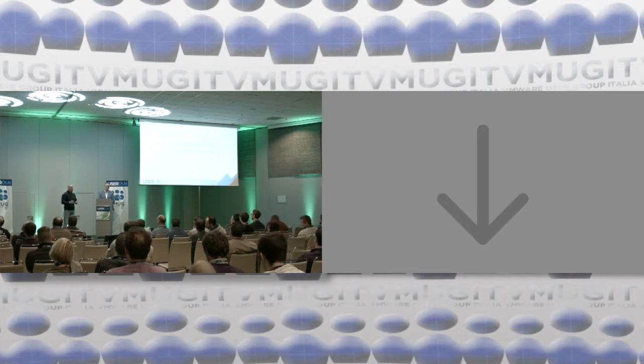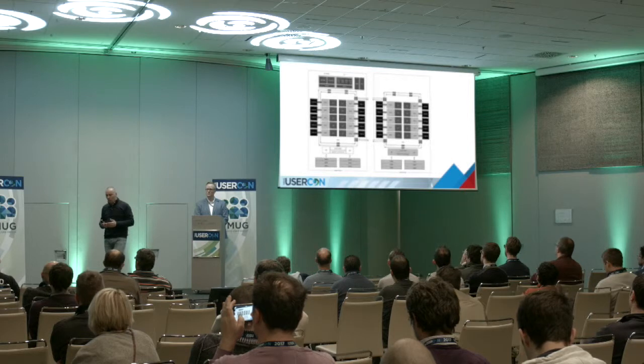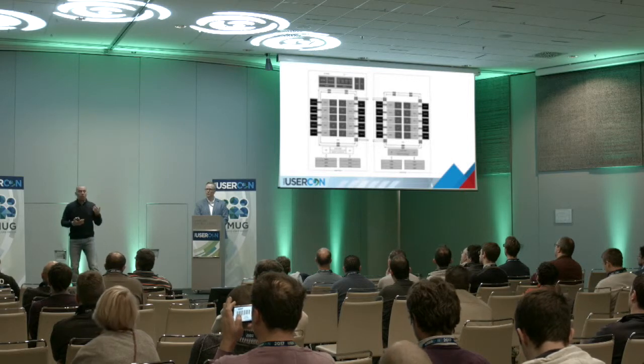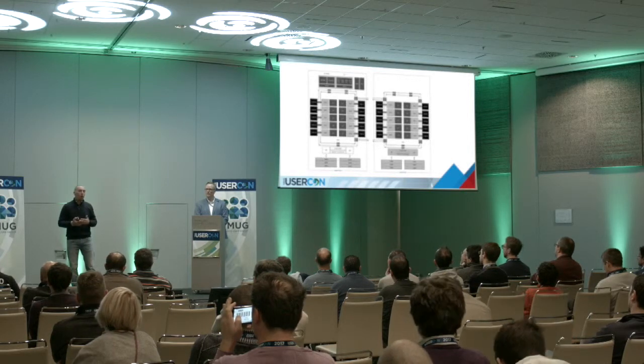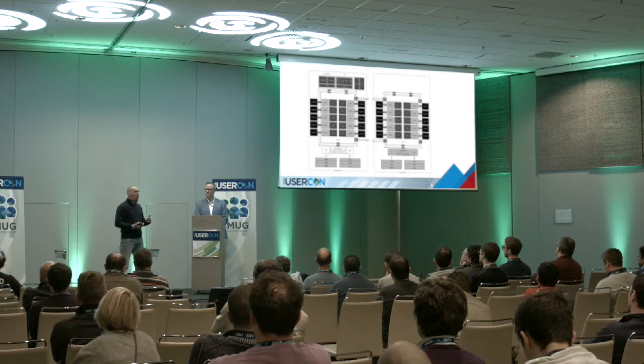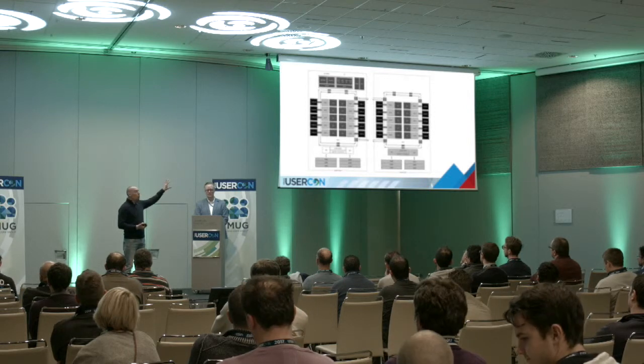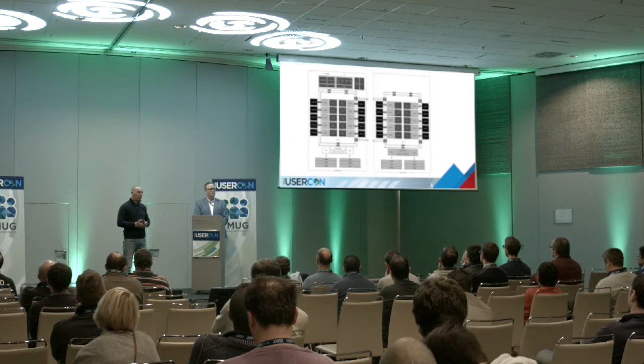Now, if we dig a little bit deeper, you have systems that have 10 cores, or some have 20 cores, or even more. Depending on the number of cores you have in a Xeon system, you have what they call low core count, medium core count, and high core count. Now, if you have a medium to high core count, you have actually two rings inside of a CPU.